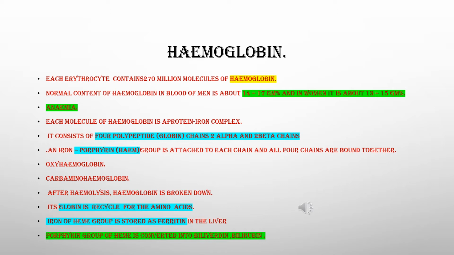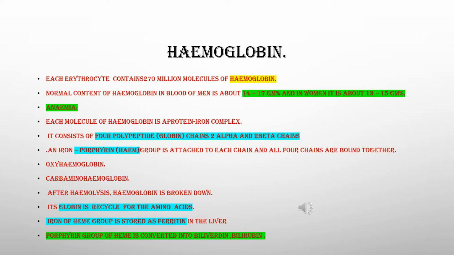Hemoglobin, as we know, is a conjugated protein, which means it is made up of a proteinaceous part and a non-proteinaceous part. Each molecule of hemoglobin is made up of two main units. The first unit is the globin chain and the second is the heme-containing porphyrin.